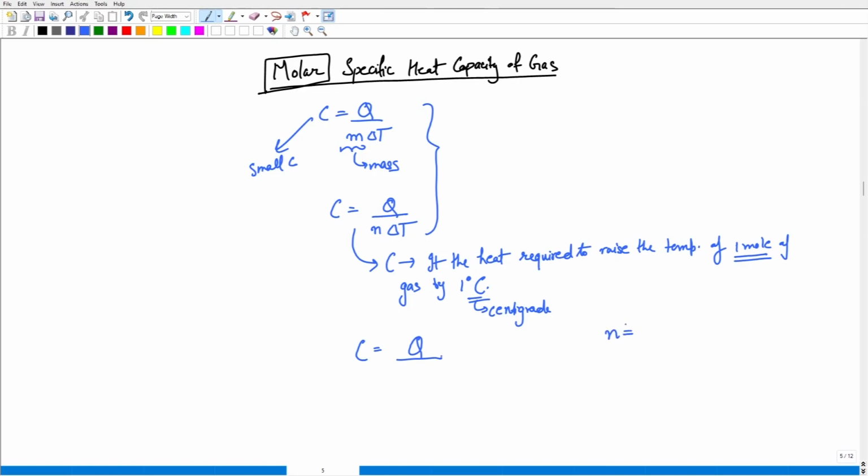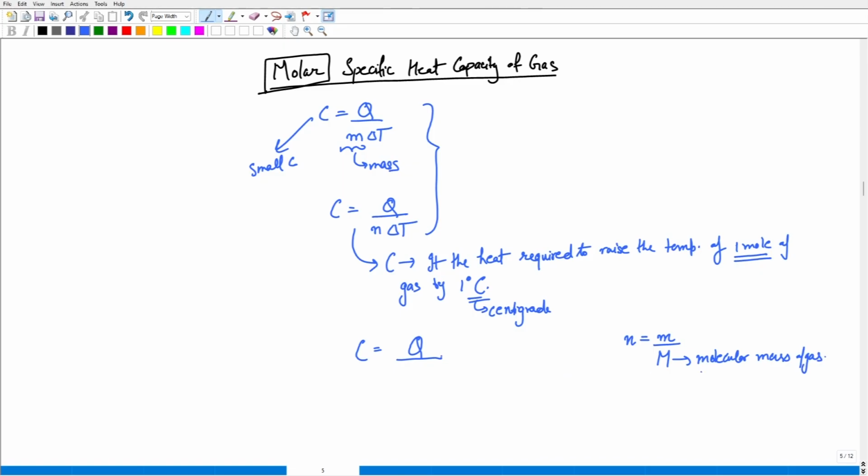Number of moles is the weight of the gas, let's say capital M, divided by the molecular weight, let's say small m, the molecular mass.